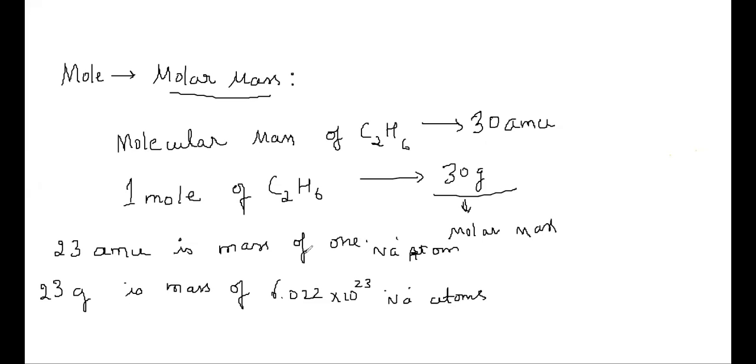If I have 23 gram of sodium, it consists of 1 mole. If I have 46 gram of sodium, then it is 2 mole. So this is how you can convert from gram to mole.